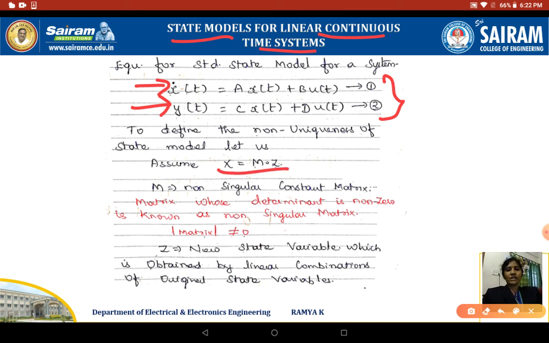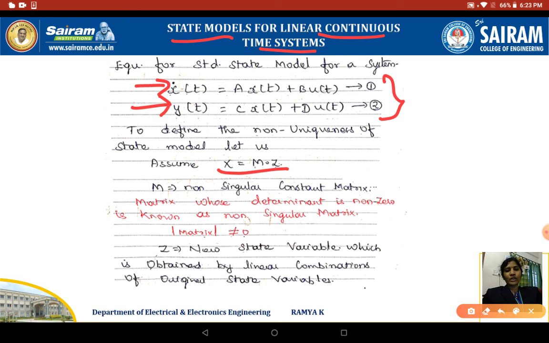Here M is a non-singular constant matrix, whose determinant should not be equal to 0. This is the condition. So we assume a new state variable z.